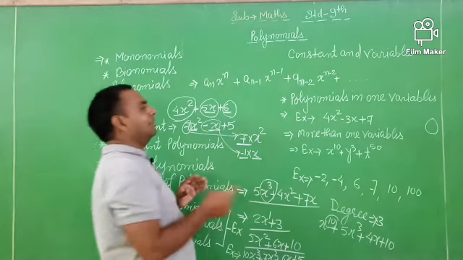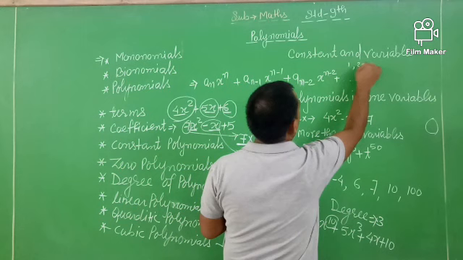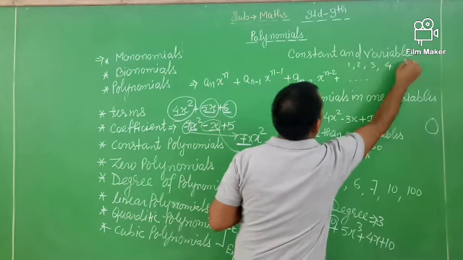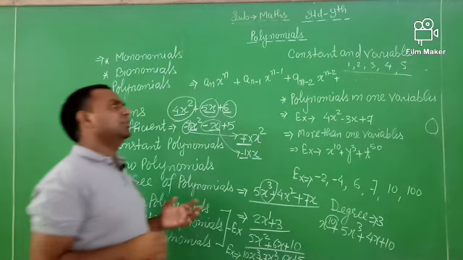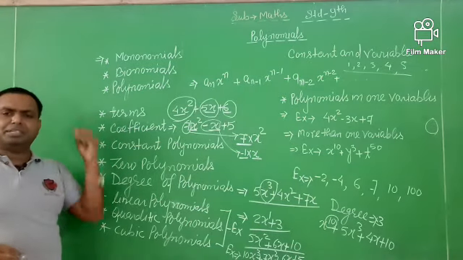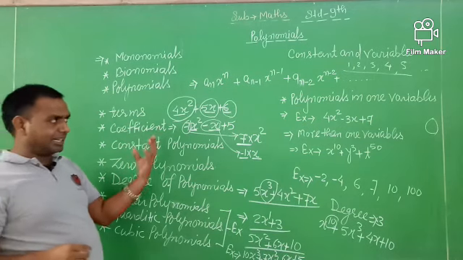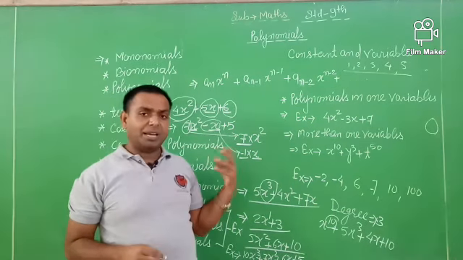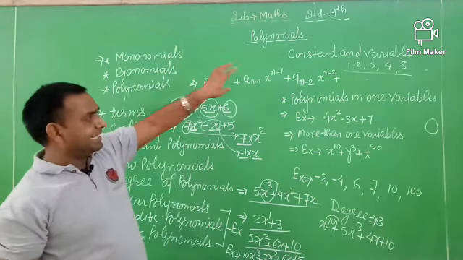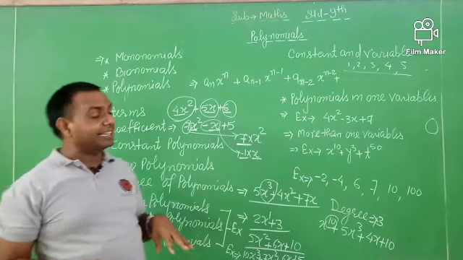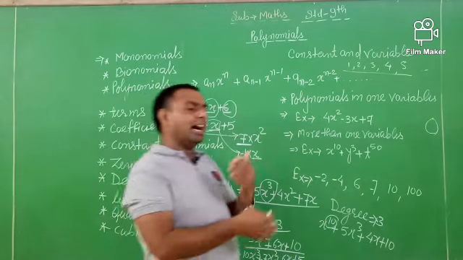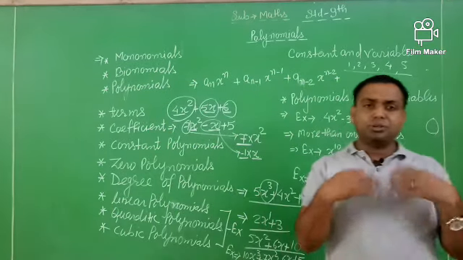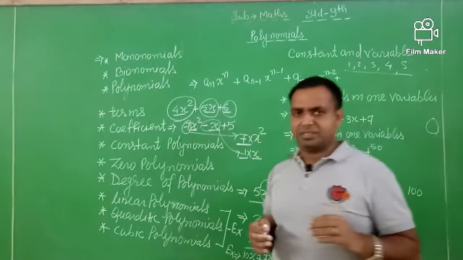As examples of numerical quantities, 1, 2, 3, 4, 5 are constants, because the value of 1 is always 1, 2 is always 2, 3 is always 3, 4 is always 4, 5 is always 5. But variables always change. Suppose I tell you that you have x rupees.